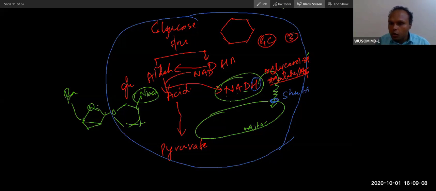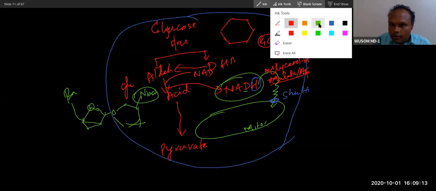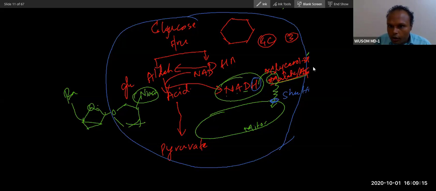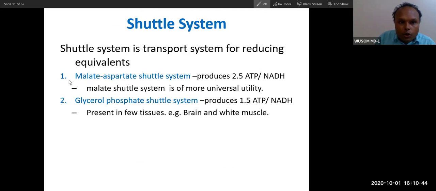This is why there are two shuttle systems. The most predominant system is malate aspartate. In all parts of the body, this system is present. Only in the brain will you see the glycerol phosphate system present. So this is the most important system, and these two molecules carry hydrogen from the cytosol to the mitochondria.